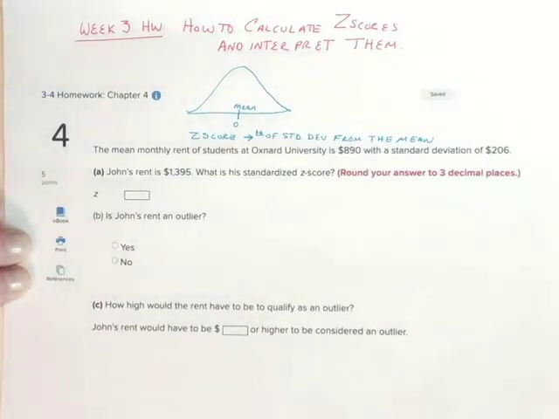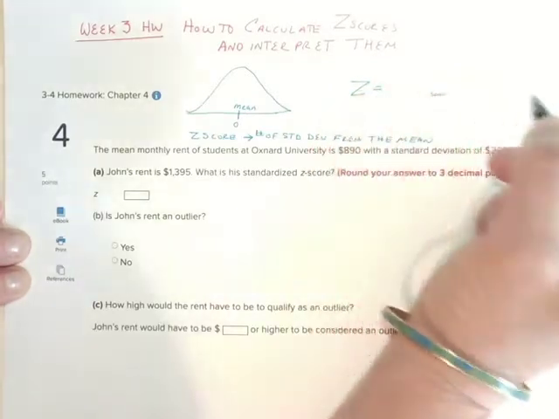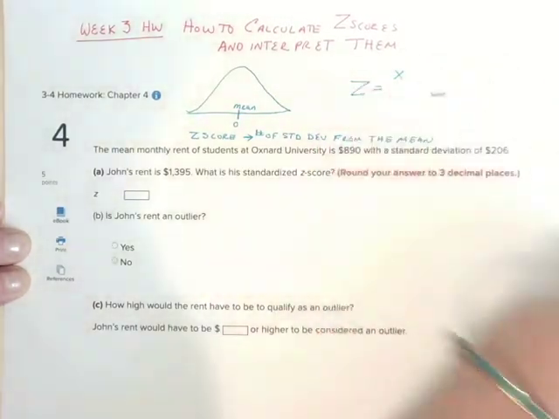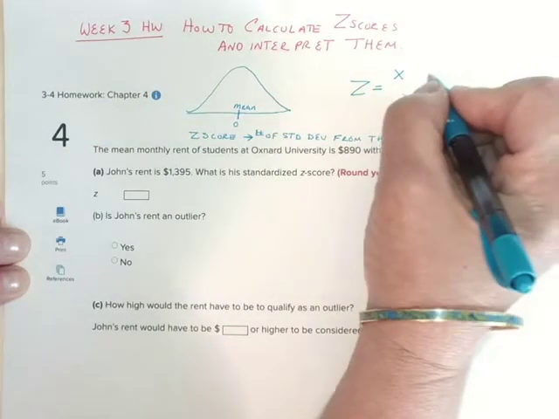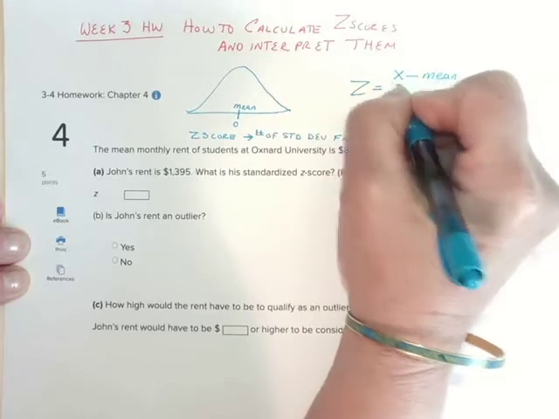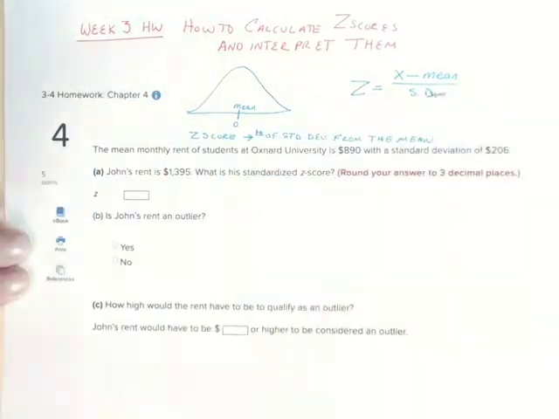And to calculate a z-score, you have z is equal to whatever your data value is minus the mean, divided by the standard deviation.